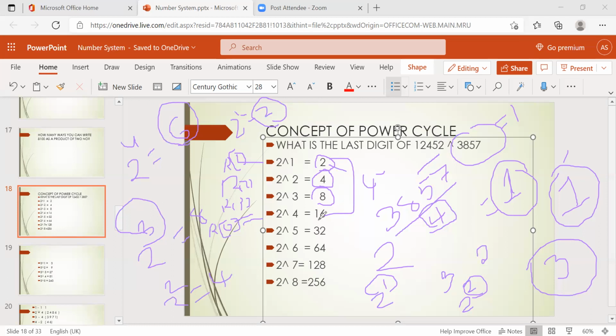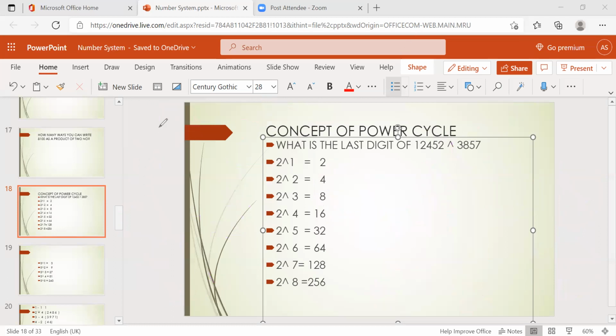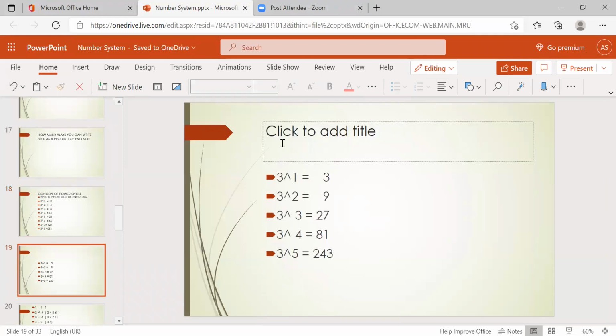Okay. That was about 2. Now we'll check the remaining numbers. 3 power 1 is 3. 3 power 2 is 9. 3 power 3 is 27. 3 power 4 is 81.